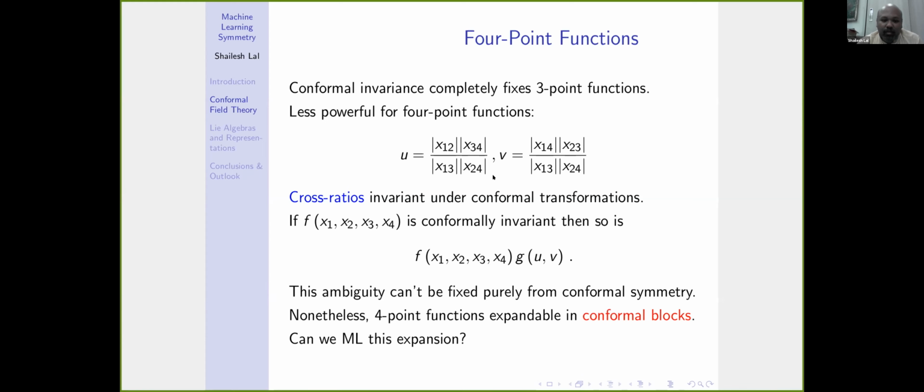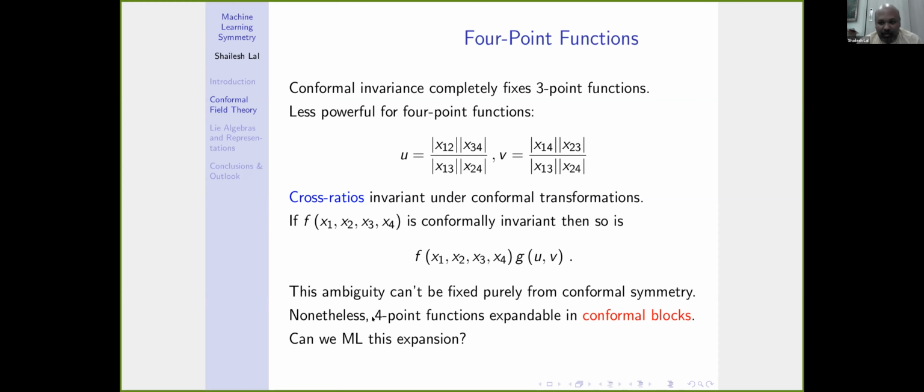They're invariant under conformal transformations. So if you have a conformally invariant function, then this function is also conformally invariant. This ambiguity we can't fix from conformal symmetry itself. Both of them are equally admissible.